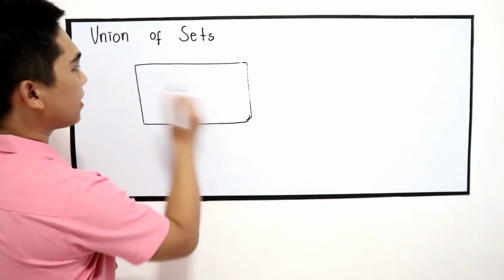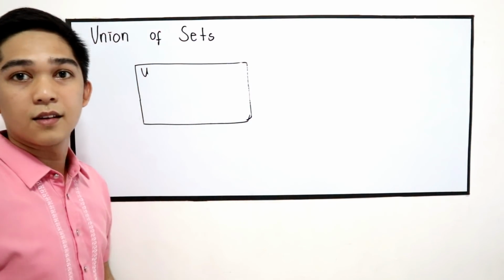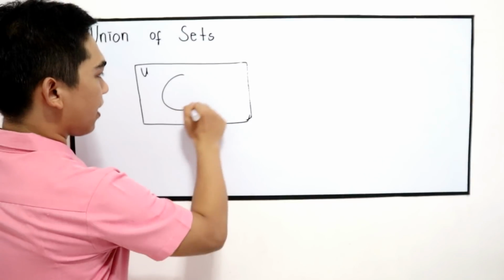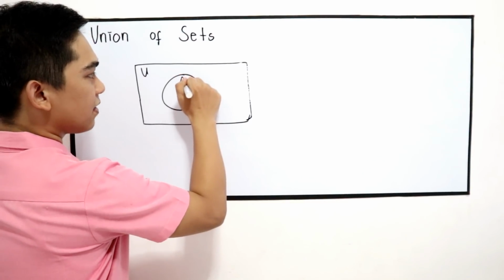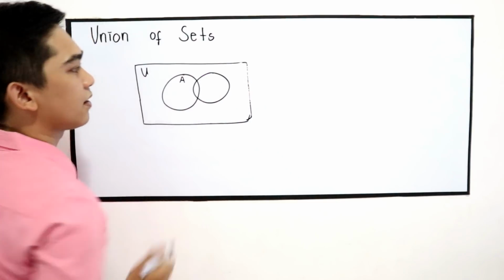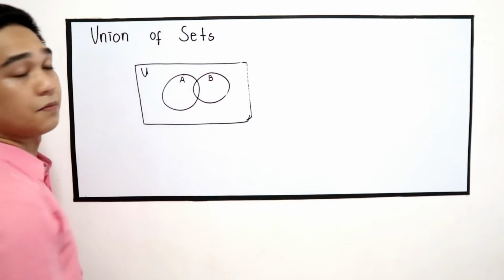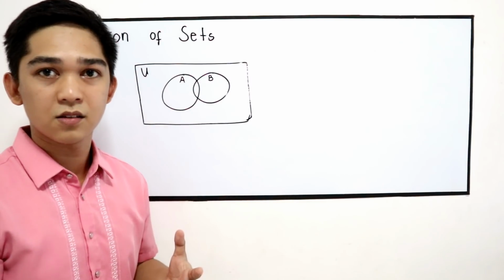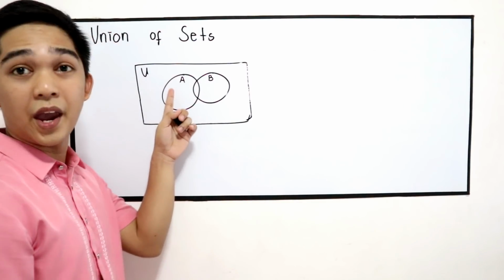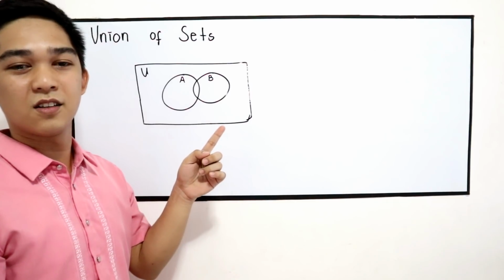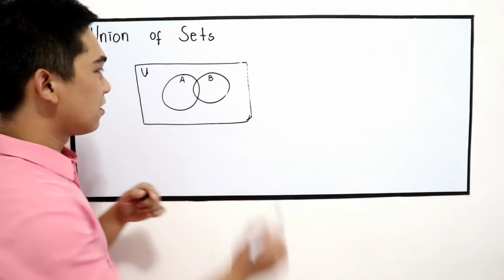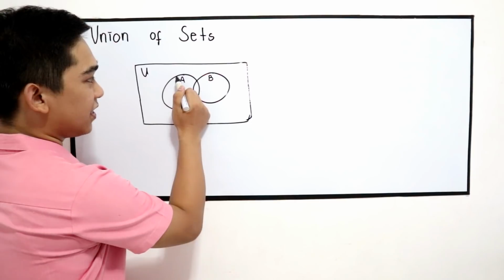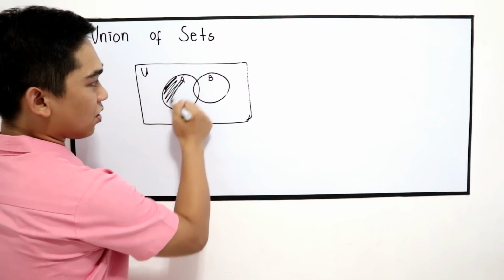this is our universal set, and we have set A and set B. Combination of two sets. So that means combination of A and B. So if we're going to shade, this will be the result.